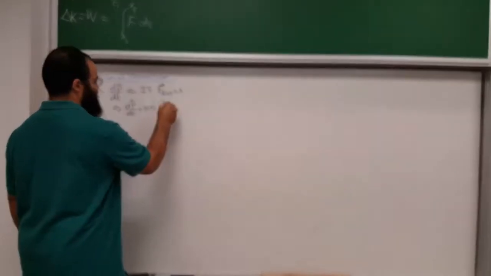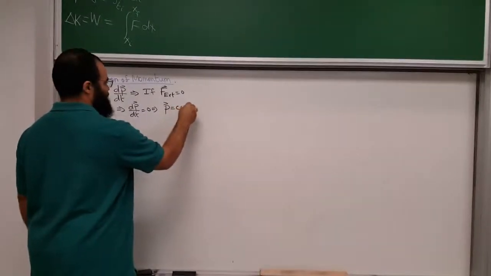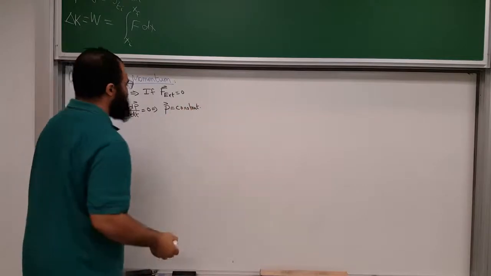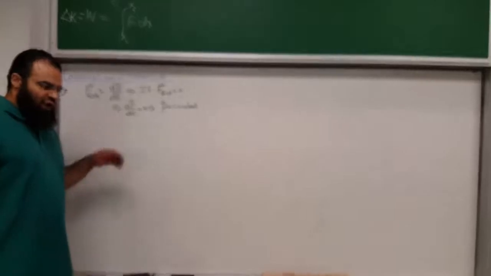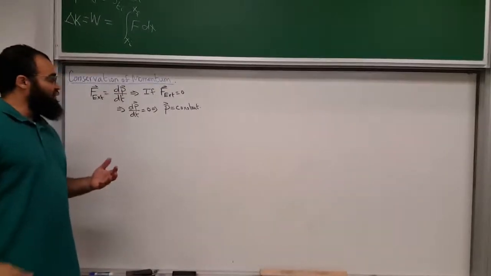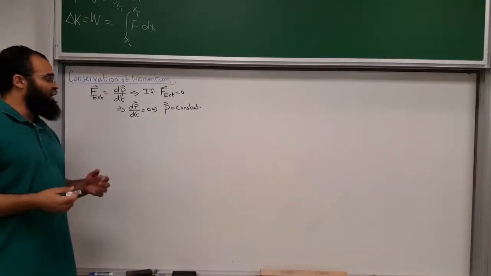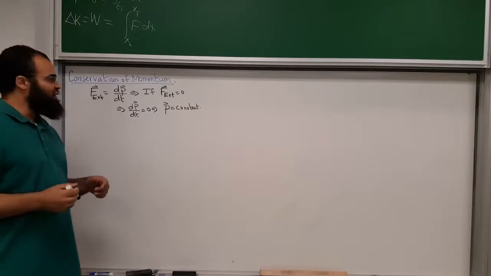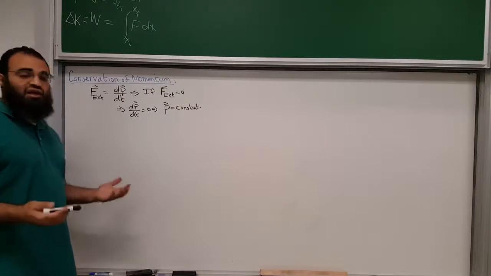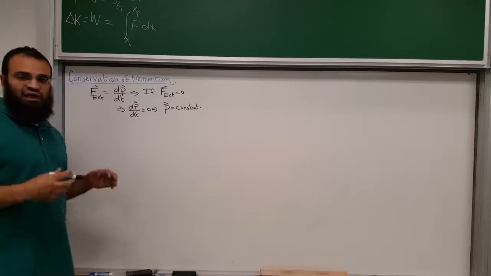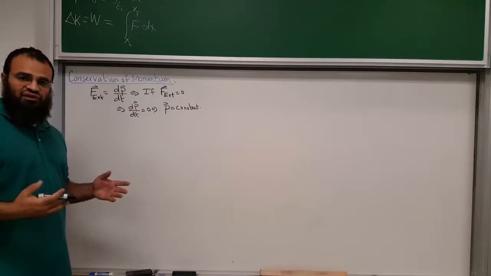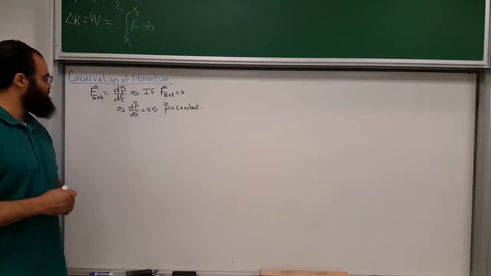It means that P is constant. That's what it means in terms of one object. So if you look at an object and want to figure out whether or not its momentum is conserved, you ask: is there an external force on the object? If there is, then it's not conserved. If there isn't, if the net external force is 0, then it is conserved.